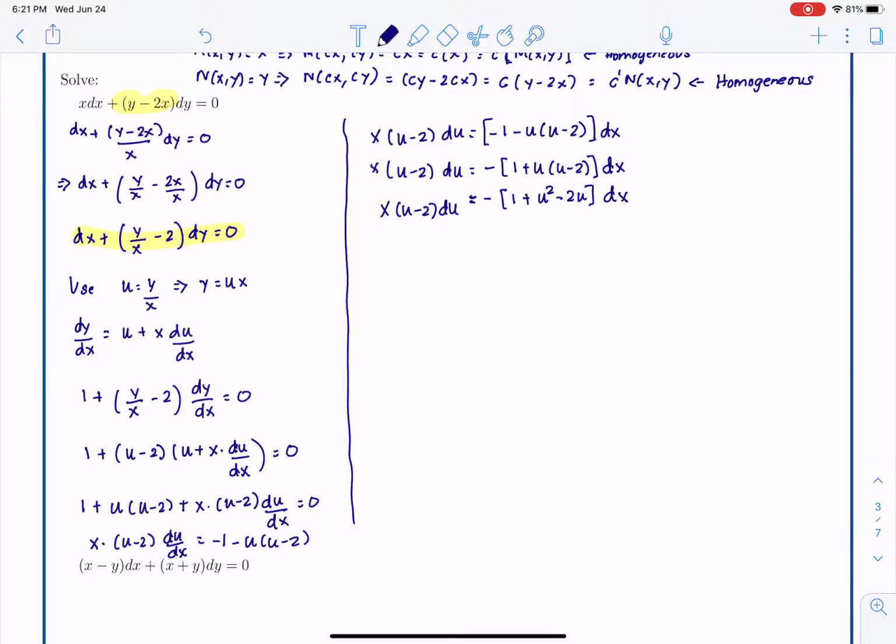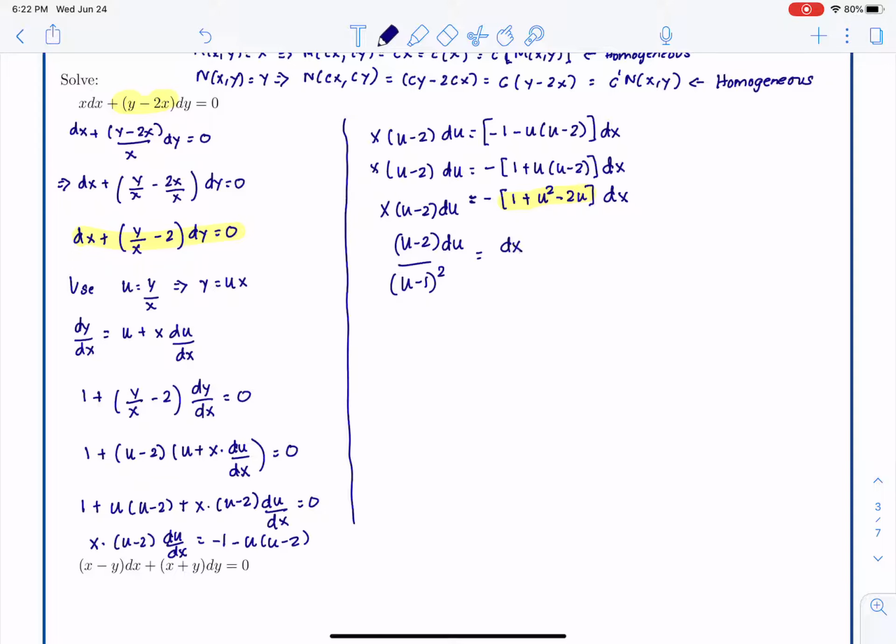That looks like a separable equation. If I move all the u's to one side and the x's to the other, I have (u minus 2) du. That simply is (u minus 1) squared. So when I move it to the denominator over here, I can replace it by (u minus 1) squared.